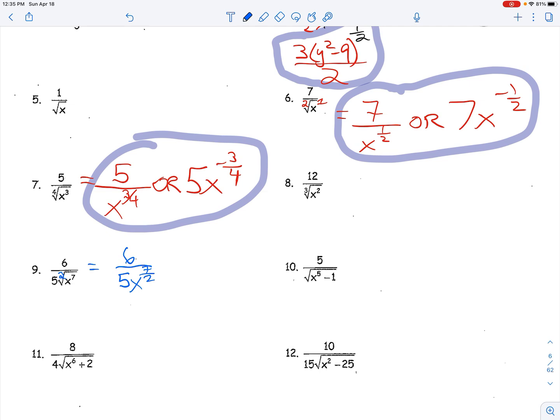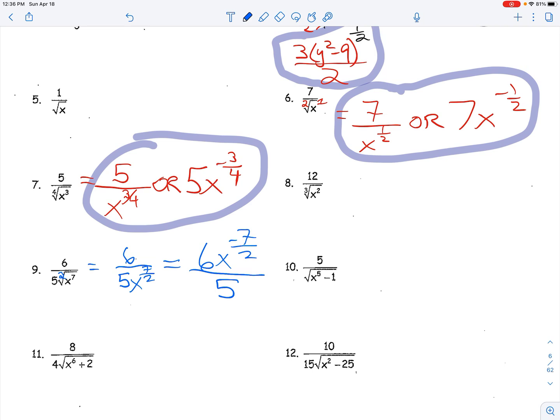So you could, like in number 6, make that a positive, or move that to the numerator if you want to. You don't have to here, but if you wanted to take this x to the 7 halves and have everything on level ground, you could move that to the numerator, and that would change the sign of the exponent to negative 7 halves.